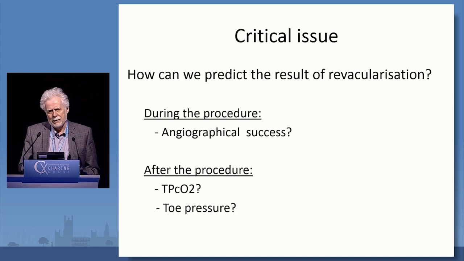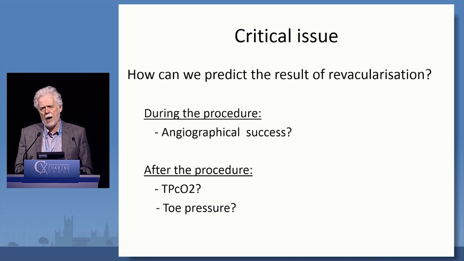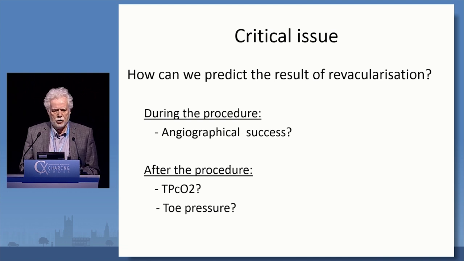So the critical issue we have, and we have this every day, is how can we predict the result of our revascularization? We do a procedure, we're very happy, but we have to keep our fingers crossed and see what's going to happen. Even if the ABI goes up or the toe pressure goes up, you still sometimes see that it doesn't go well. So we have to have something to look at during a procedure.